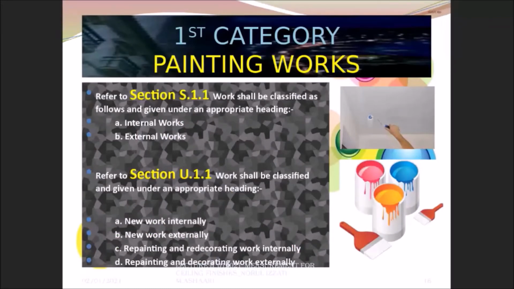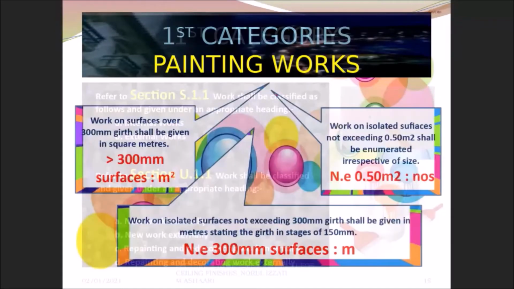The second one, we have to carry out the painting according to S.1.1 and according to U.1.1. So section U mentioned that internal and external ceiling or floor or wall must be measured separately. As long as you have internal and external, you have to measure separately under U.1.1.